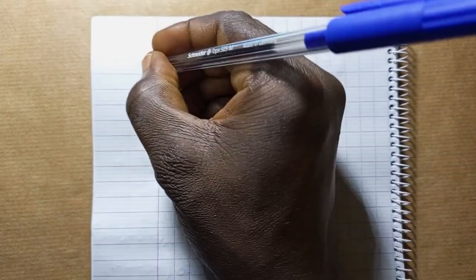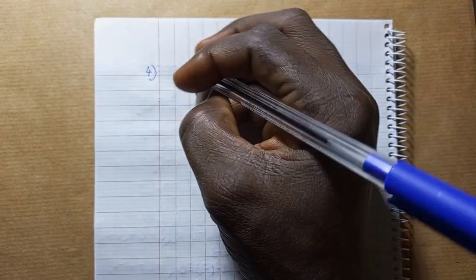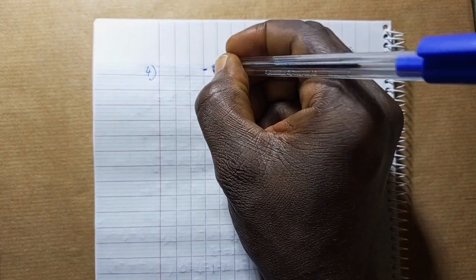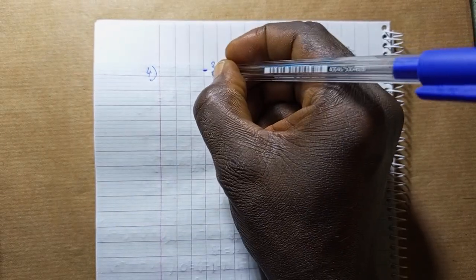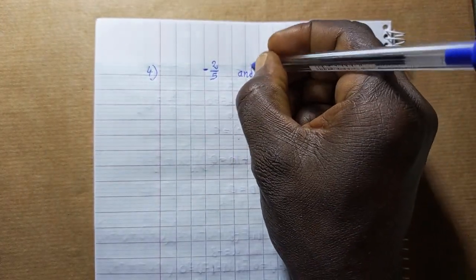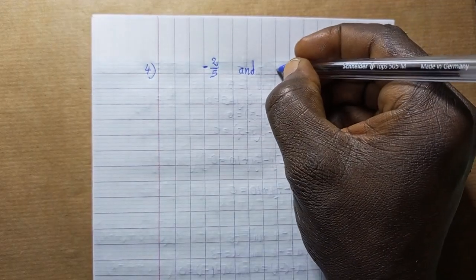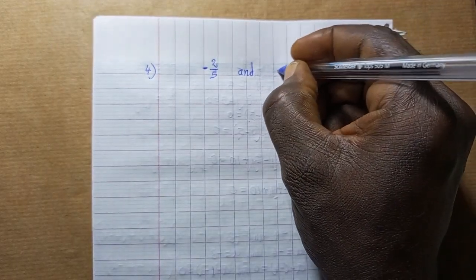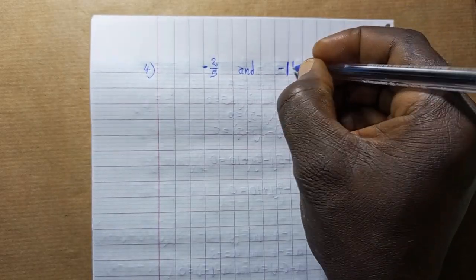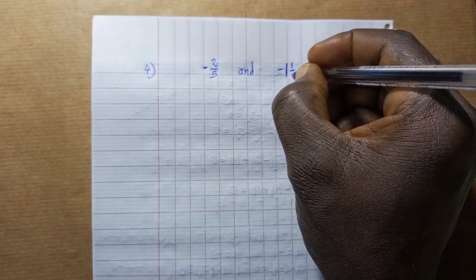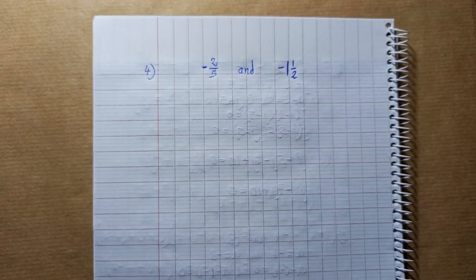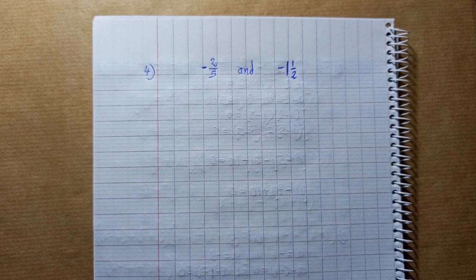So for the number 4, the roots are minus 2 over 5, and minus 1 whole number 1 over 2.